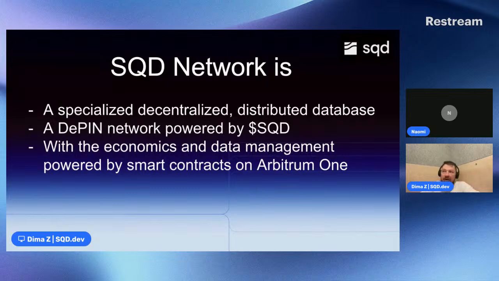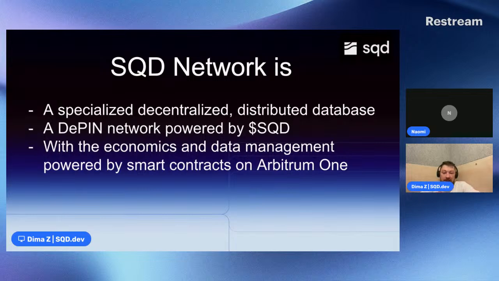So it's not something similar to Celestia or EigenLayer, which are really more consensus machines or facilitate consensus. But what SQD network is, is a specialized, decentralized, distributed database specifically designed to handle petabytes of on-chain data.